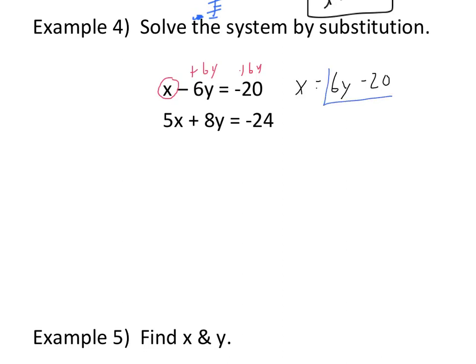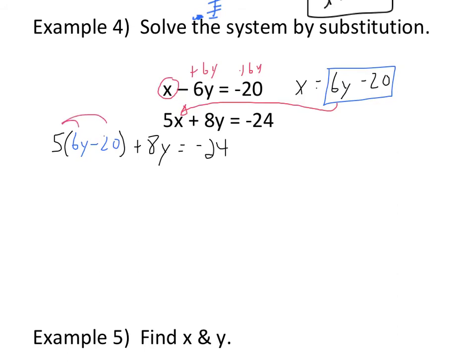We know what x is equal to, so we're going to take that. Now remember, it's the x value, not the y, that we solve for, so that gets replaced. Now we have 5 parentheses 6y minus 20 plus 8y equals negative 24.